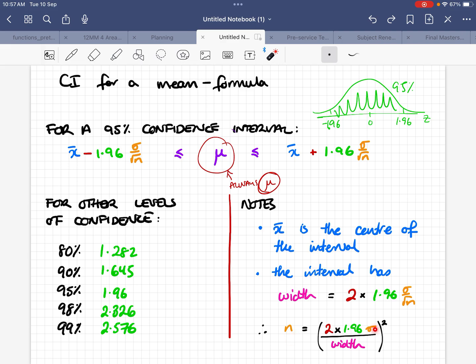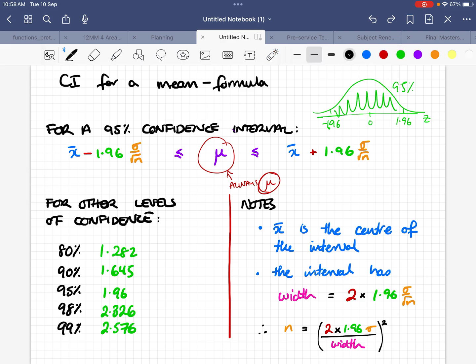So given a standard deviation that somehow we know, because we shouldn't have done our confidence interval yet, certainly without the sample size, we want the width to be a certain value. Let's say we want the width to be 10 centimetres. Then we plug those two values into this formula, which is just a rearrangement of this formula here, and we get a sample size that we need.